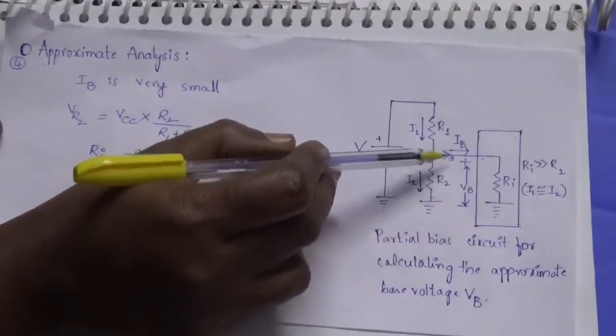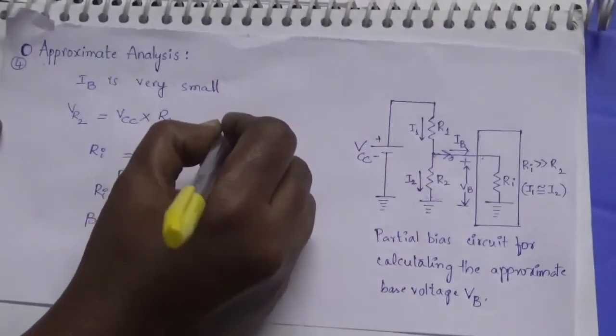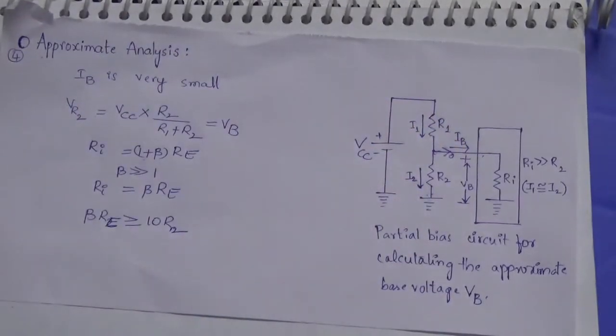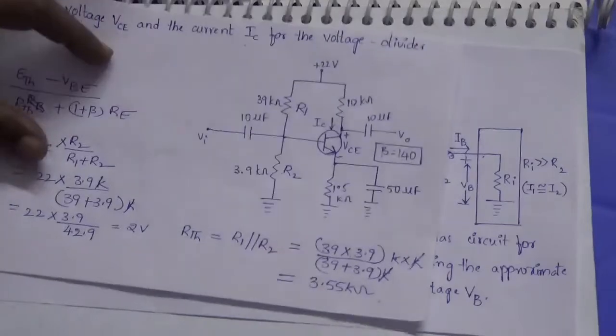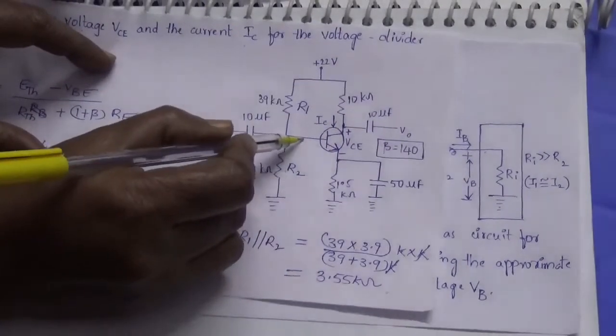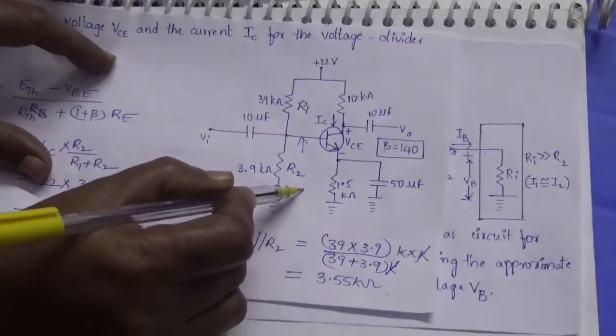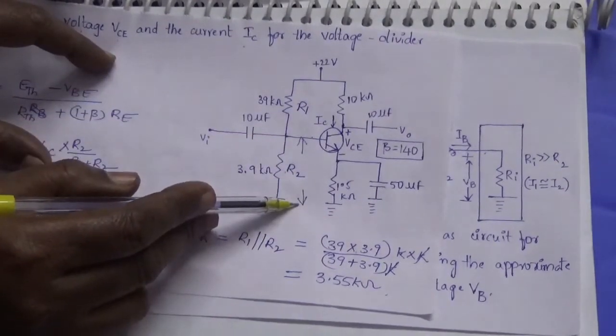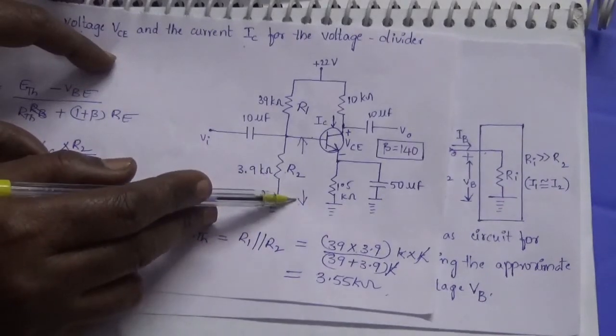That is the voltage between base and the ground. I will show you in this diagram. What is VB? VB is the voltage between the base terminal and the ground. What does this VB consist of?